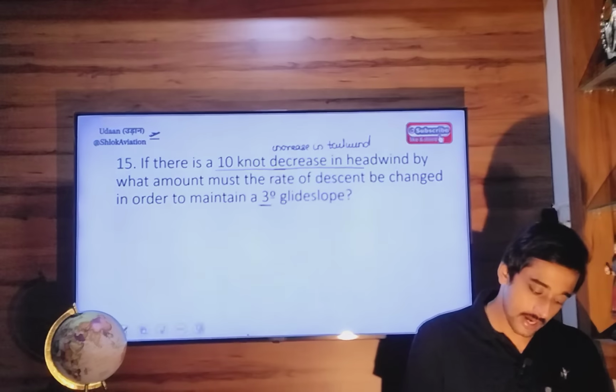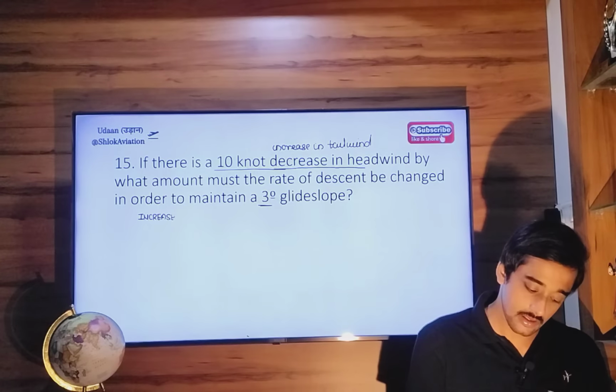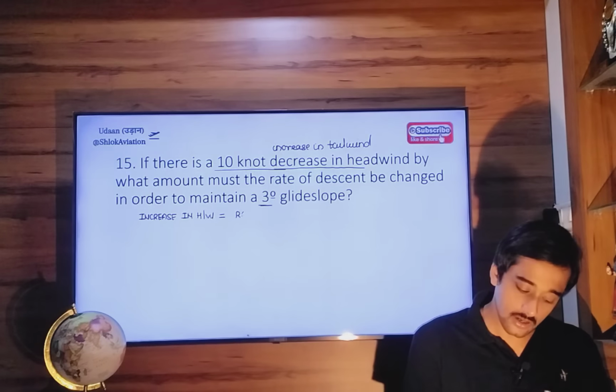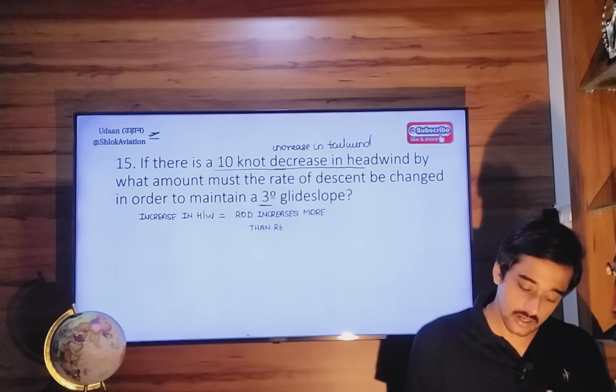Now we all know that if there is an increase in headwind component, what kind of problem happens? The rate of descent increases more than required.